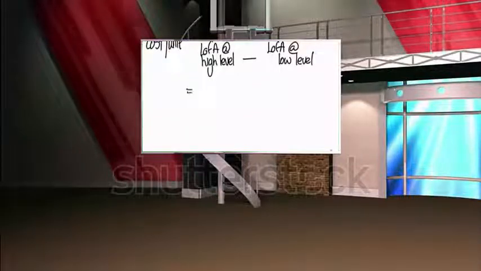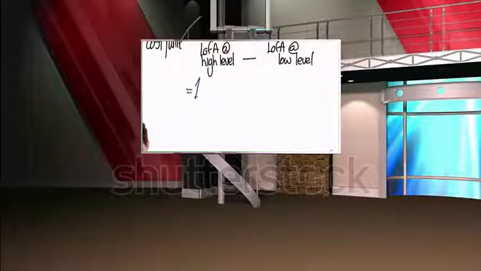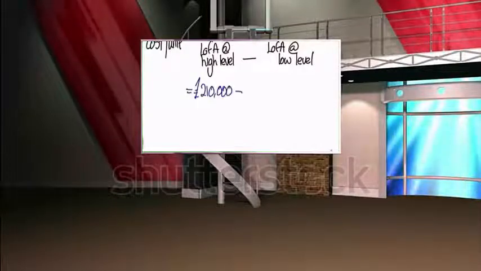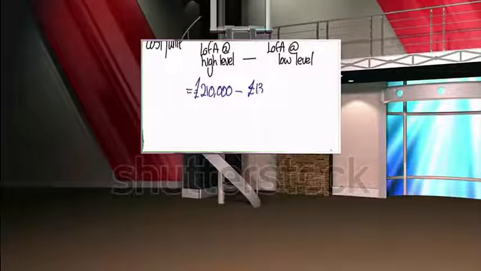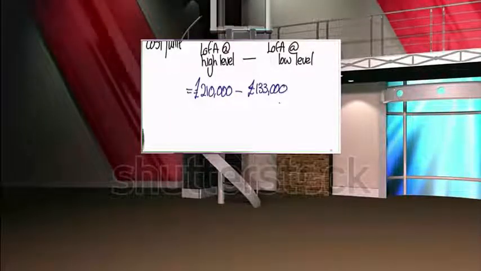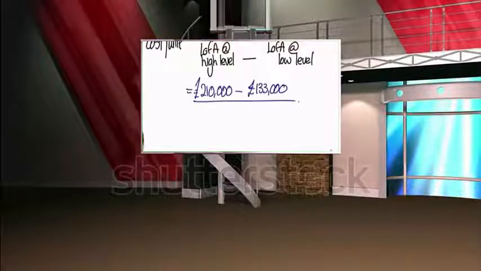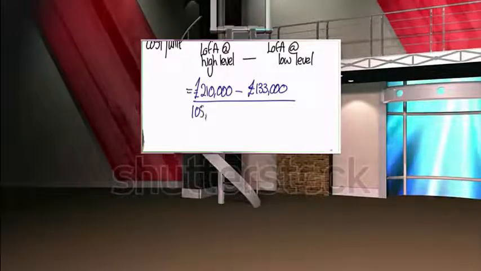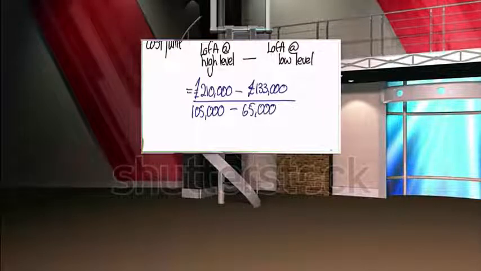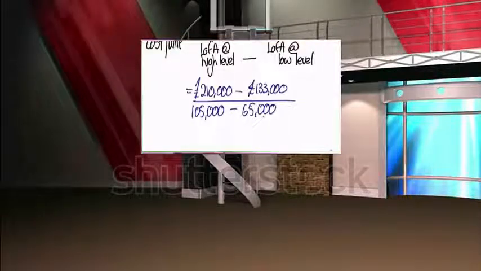So our total costs at the high level of activity were 210,000. Minus our total costs at the low level of activity, 133,000. And we divide by our units at the high level minus our units at the low level.